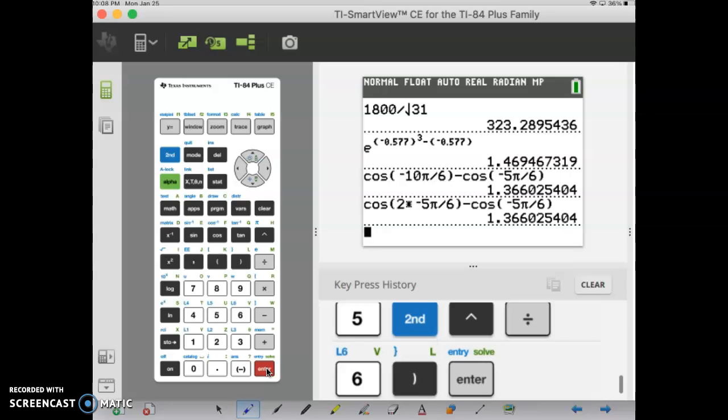Okay, so now I know that I am concave up from negative pi to negative 2 pi over 3. So let's write that down. I am concave up from negative pi to negative 2 pi over 3. And I am concave up from 2 pi over 3 to 4 pi over 3.